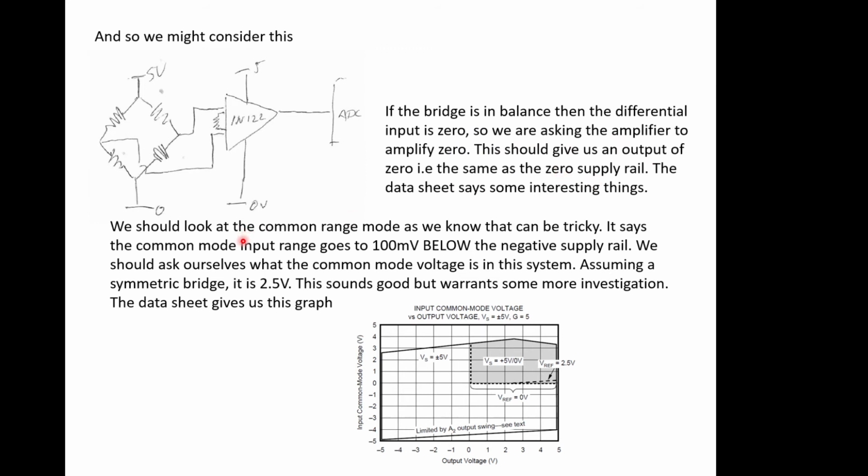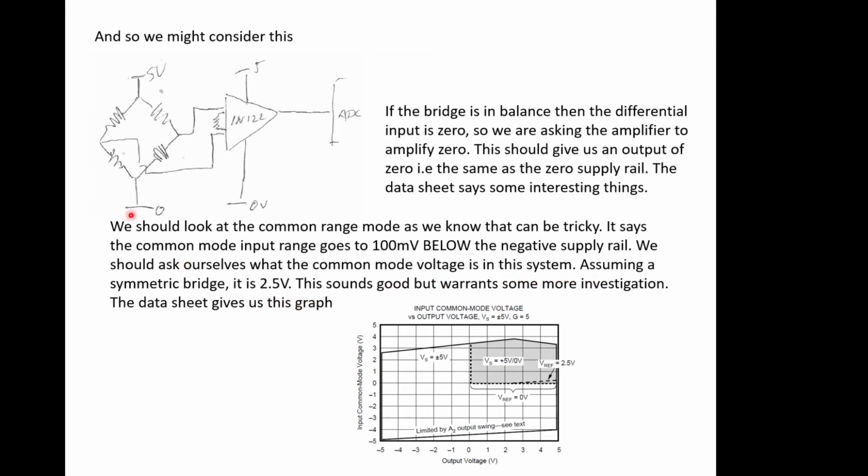So we know about common mode range, as we know that could be tricky. It says the common mode input range goes to 100 millivolts below the negative supply rail, which is great. But we should also be aware that this might have an impact on our output voltage, as we saw a few minutes ago. So we should ask ourselves, what is the common mode voltage in this system?